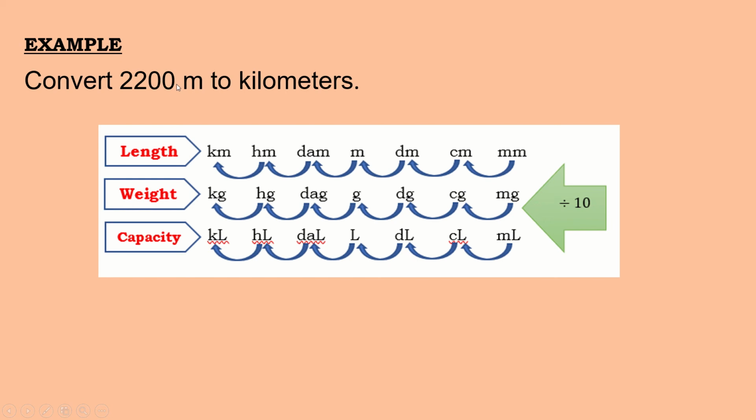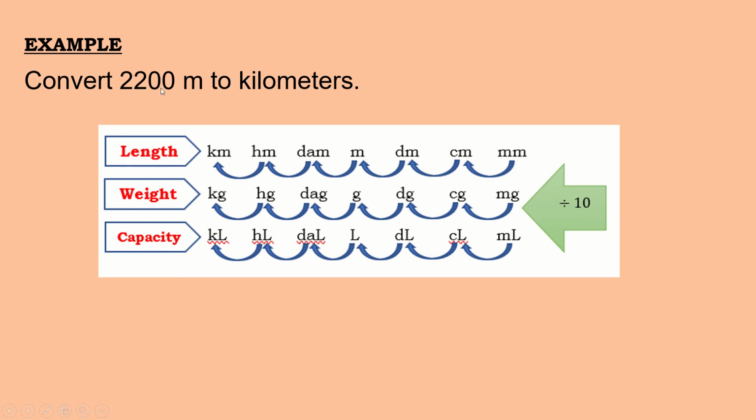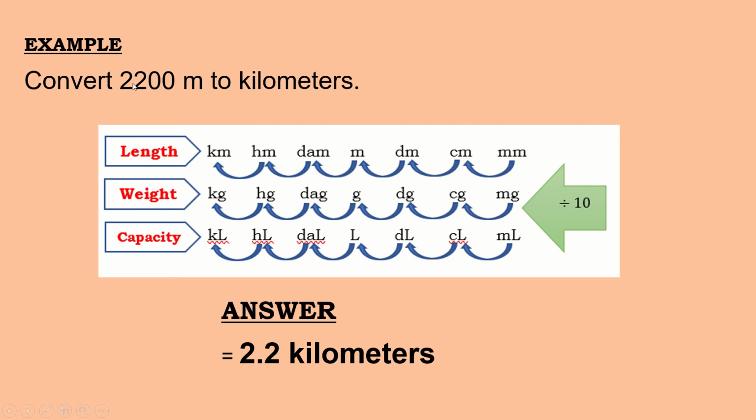So going back to the given, we have 2,200. Gikan sa atong decimal point, which is this part, we have to move 1, 2, 3. Therefore, 2,200 meters converted to kilometers is equal to 2.2 kilometers. Why? Because from our decimal point, we moved 3 places to the left in order for us to get the conversion from meter to kilometer.